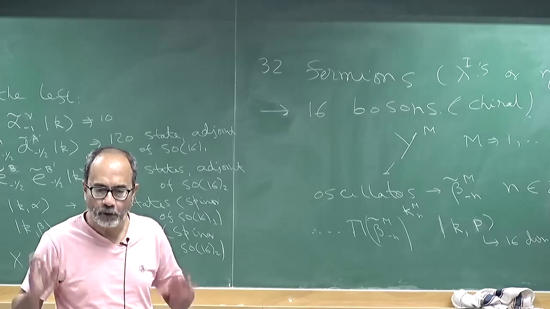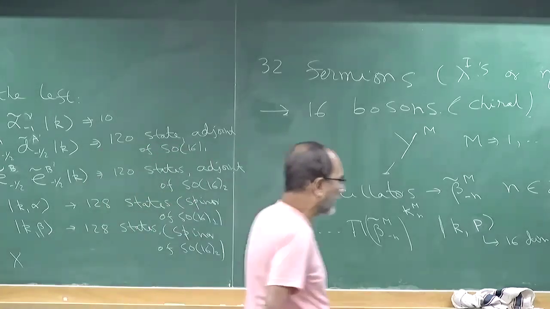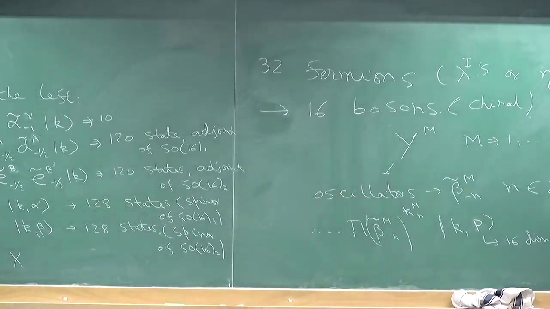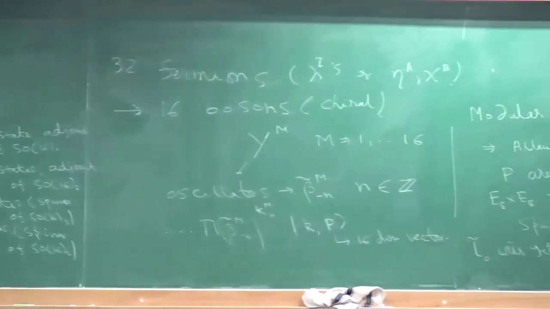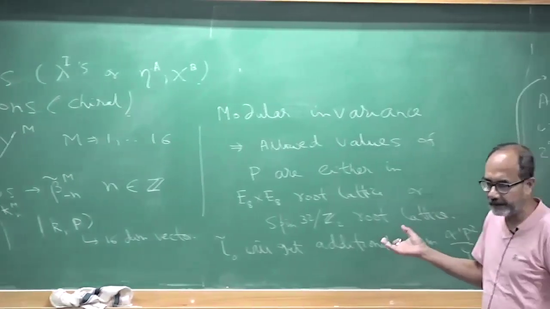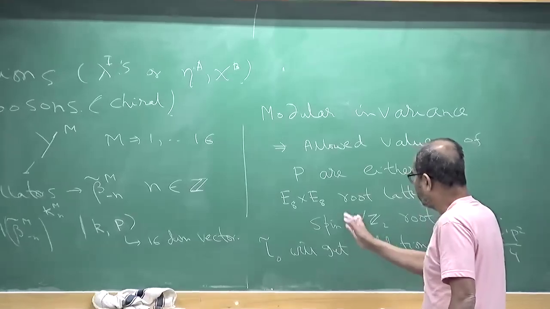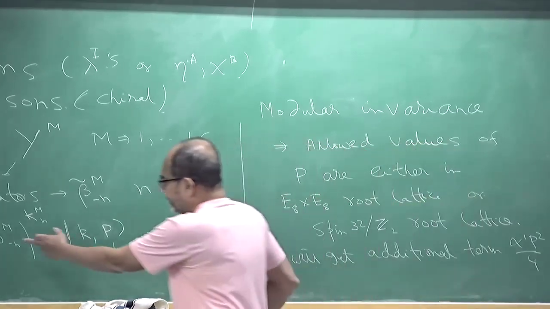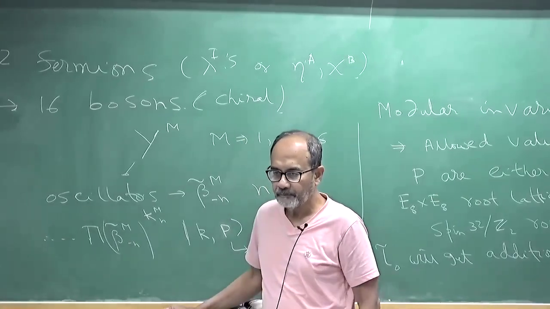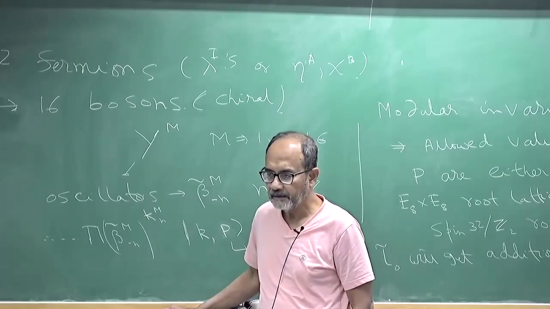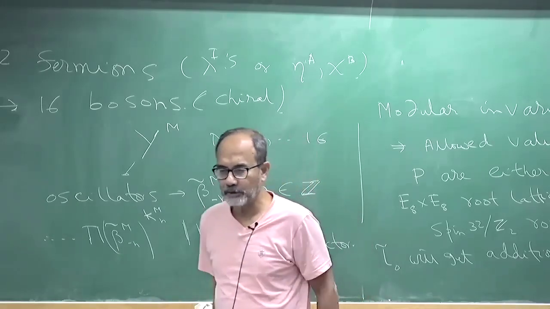So the way you construct the spectrum is that you pick any arbitrary vector P from this lattice, either in the E8 cross E8 or in SO32, depending on which theory you are considering. Pick an arbitrary vector P and apply an arbitrary number of these beta tilde oscillators. The choices of R, NS, NSR and all, those are all gone.